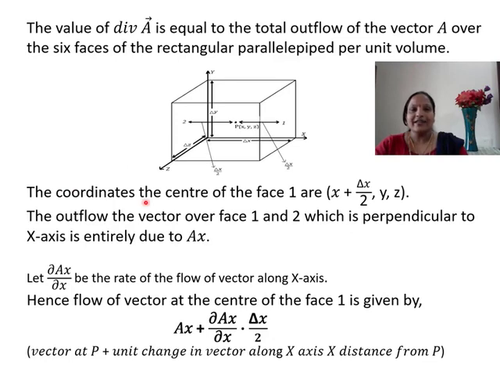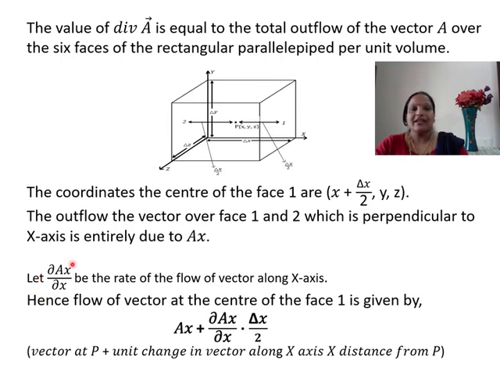The coordinates at the center of the face 1 are x plus delta x by 2, y, z. The outflow of the vector over the face 1 and over the face 2, which are perpendicular to x-axis, is entirely due to the component of the vector A, that is Ax.